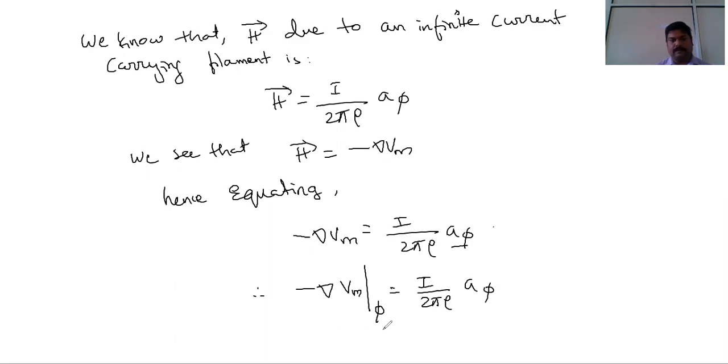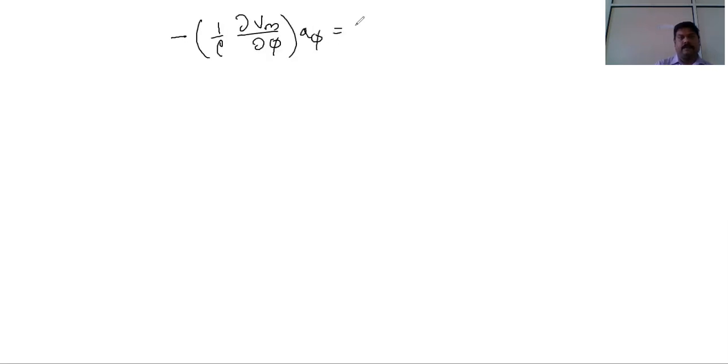So what is the gradient? If I apply the expansion of gradient in cylindrical coordinate system, what do I get? This will be minus of 1 by rho dou Vm by dou phi. I'm taking the LHS with respect to only phi. So this A phi equals I by 2 pi rho into A phi. So rho gets cancelled, A phi gets cancelled.